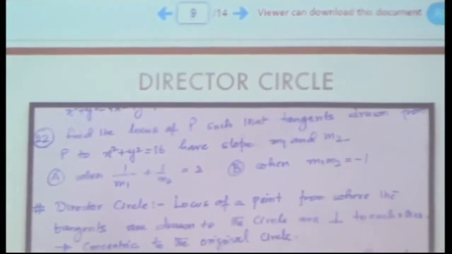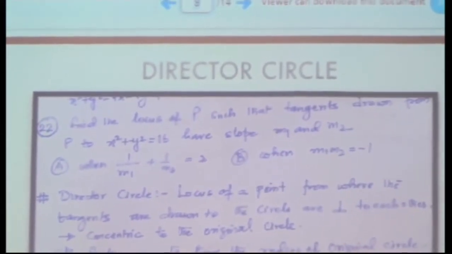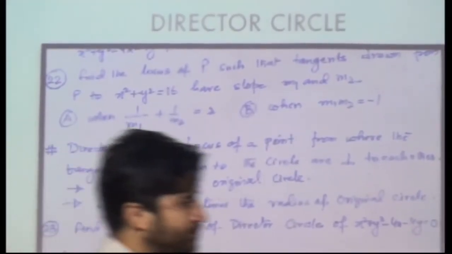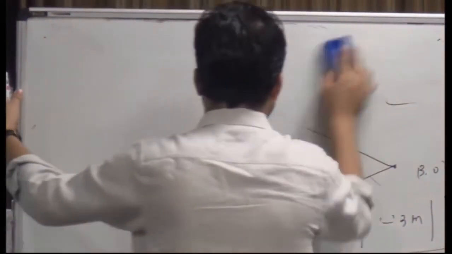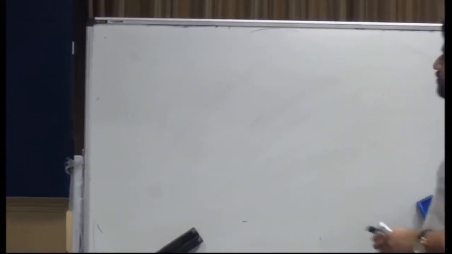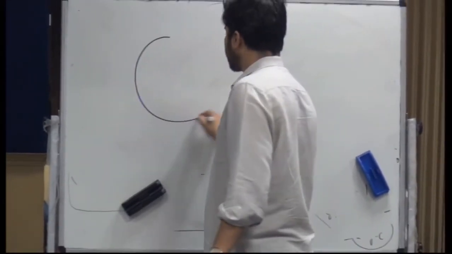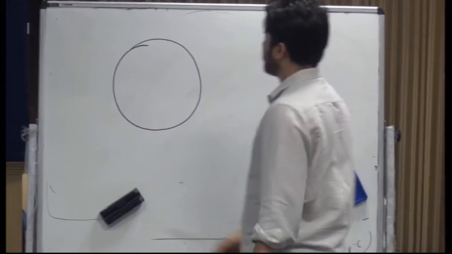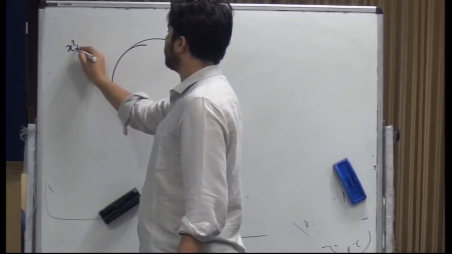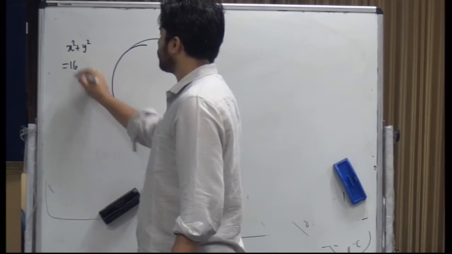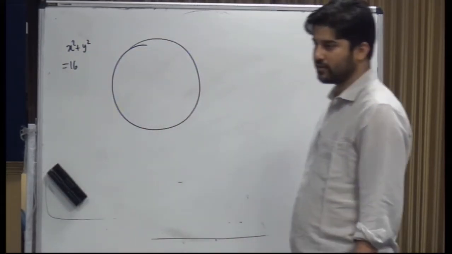Okay. Now we are coming to a very important portion called director circle. देखो, ये है तुम्हारा सर्कल जिसका इक्वेशन है एक्स स्क्वायर प्लस वाई स्क्वायर इज इक्वल टू 16.